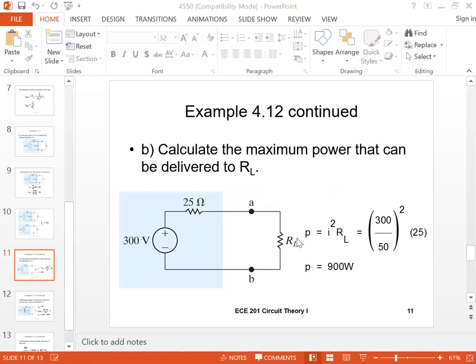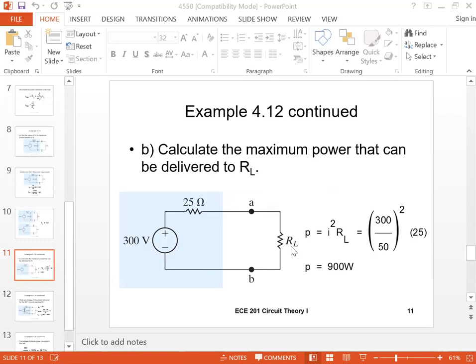This is the maximum power in this circuit we can deliver to this RL. So if RL is less than 25 or greater than 25, we cannot achieve this point. At other points, RL will be less or higher.